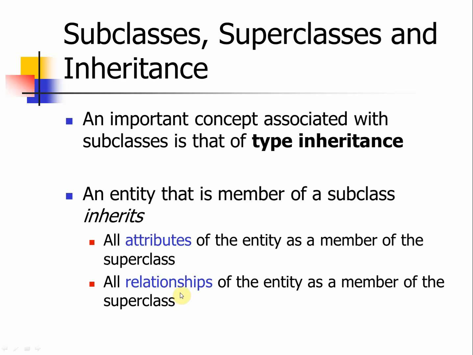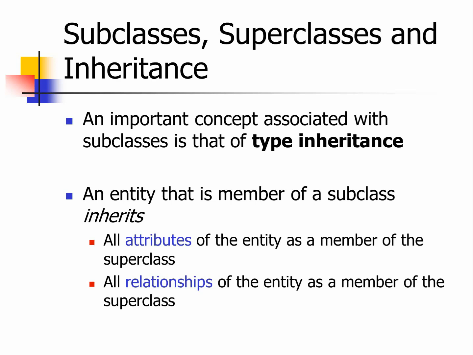There are several keywords here I want you to pay attention to. First of all, the word inherits. Ask yourself, what is the meaning of inheritance? Inherits. You get things, children get things from their parents. It's not the other way around, okay?